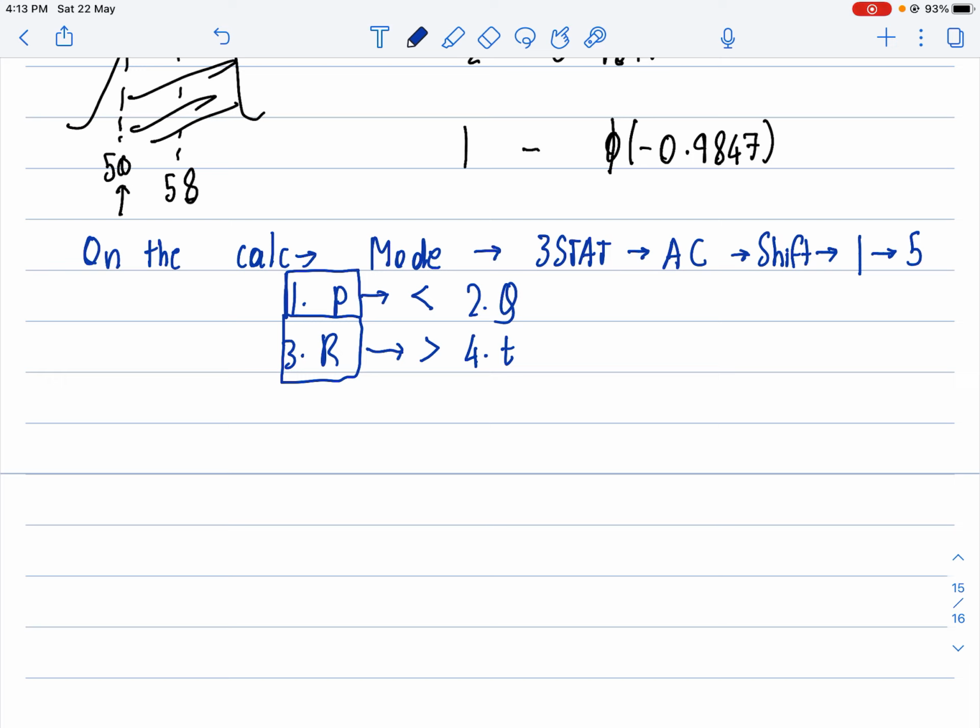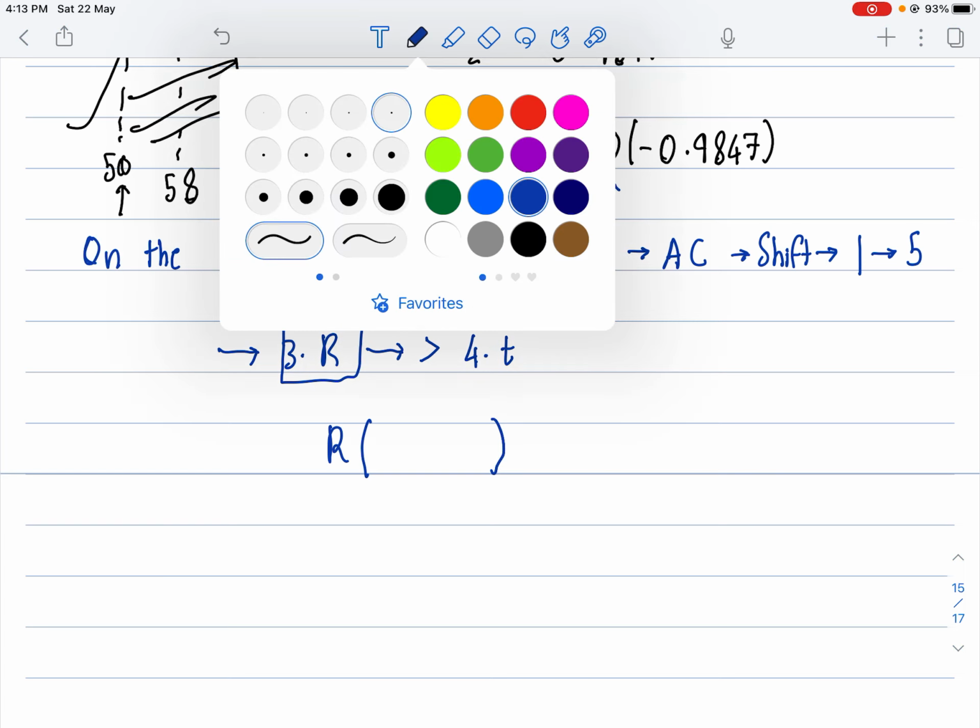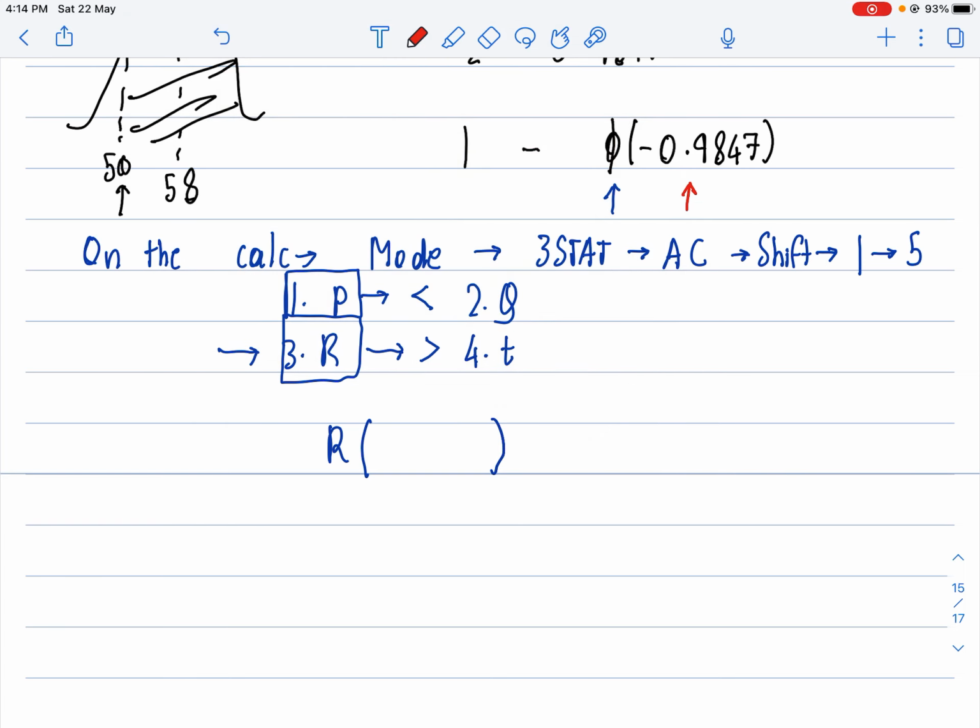If you see here, I need 1 minus phi, and I know phi means less than, so basically we need more than. So I click on 3, and I get R and a bracket. In the bracket, you simply put the Z value which you got here, which is minus 0.9847.